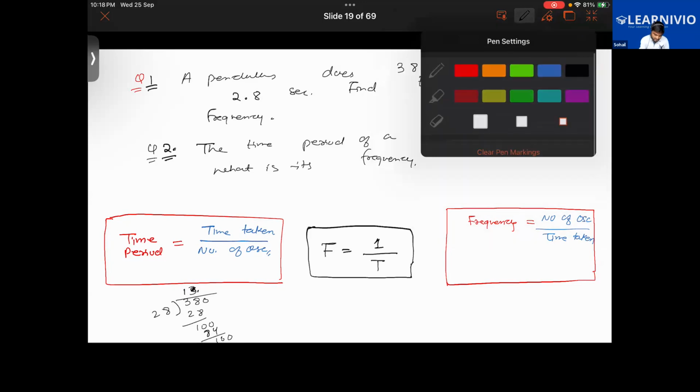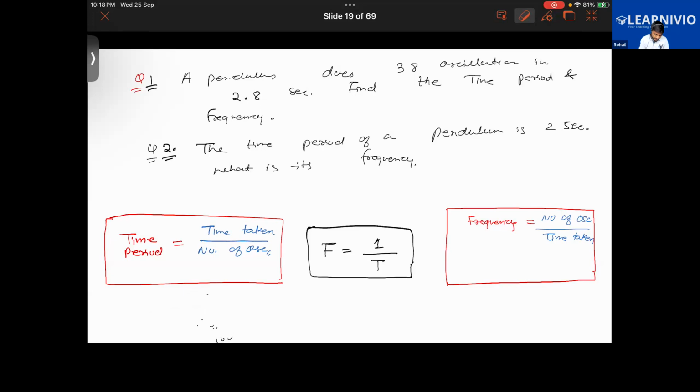The frequency you have found is correct. Very good. Let me check for the time period as well. Others also solve this quickly. Abu Bakr and Priyanka, Gauss has already answered the first one, and it's correct by the way.